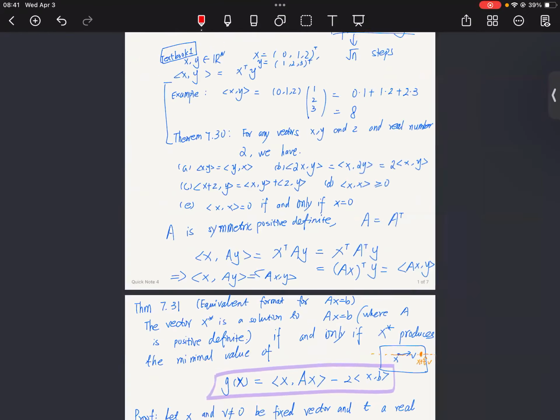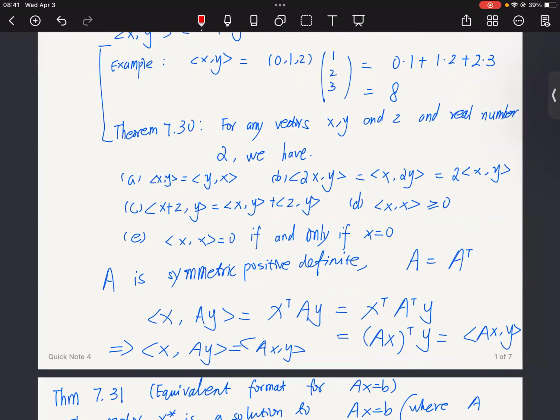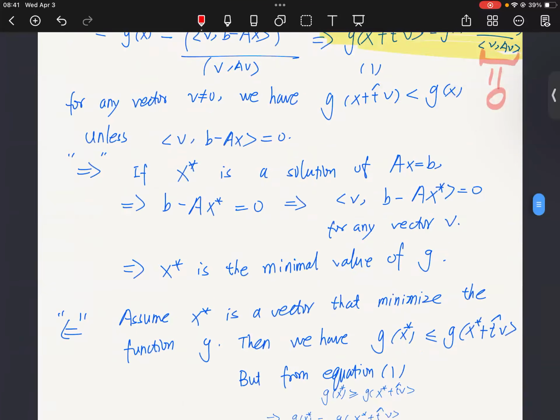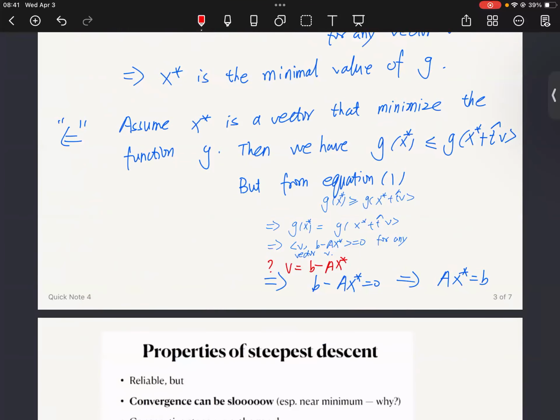The property of the inner product here: x inner product with x equals 0 if and only if x equals 0. Now we just let v equal b minus Ax star.